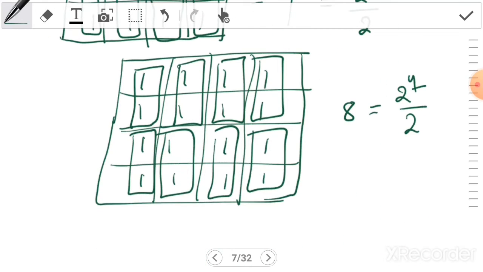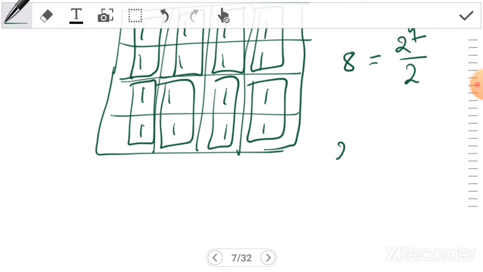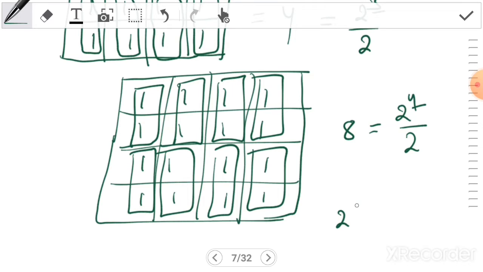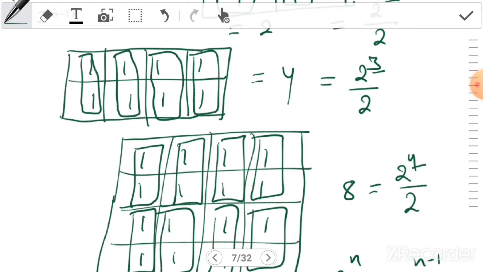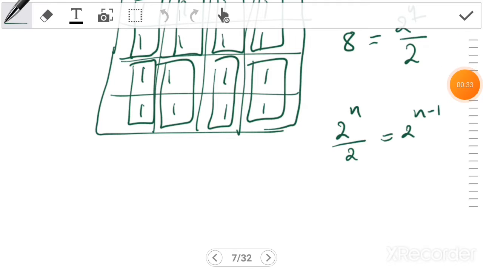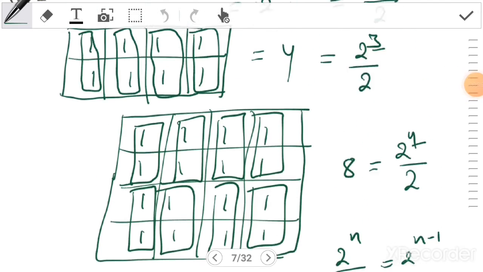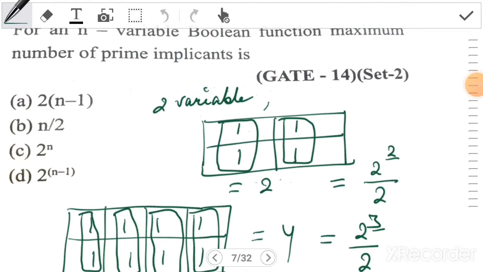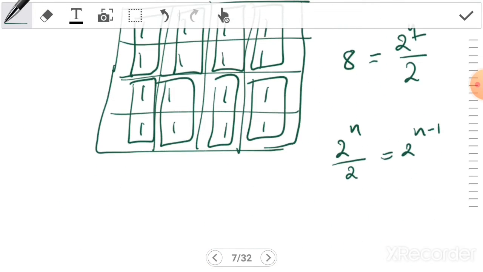So you can sum this up as 2 power n by 2, which is 2 power n minus 1. Clear? So the answer is D. Okay, let's move to the next question.